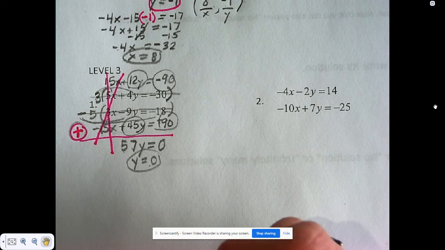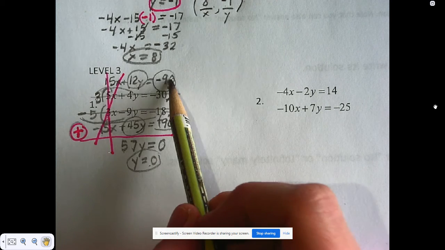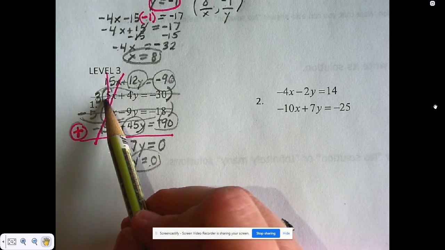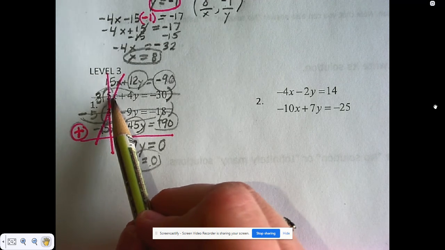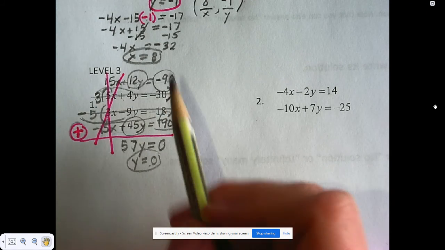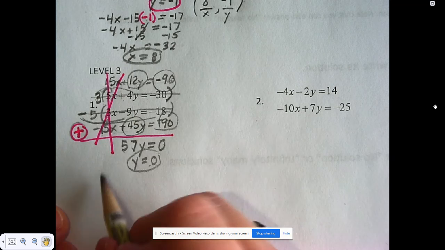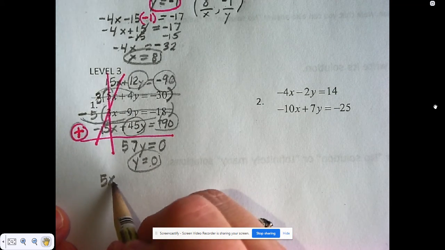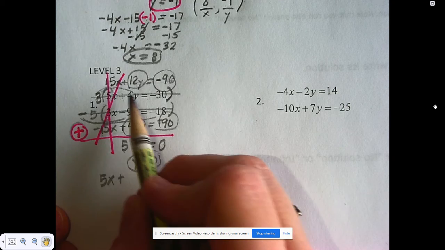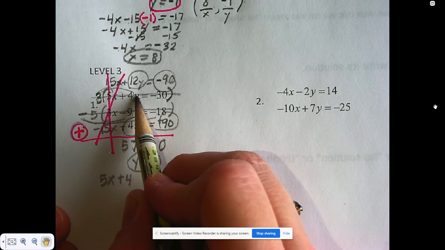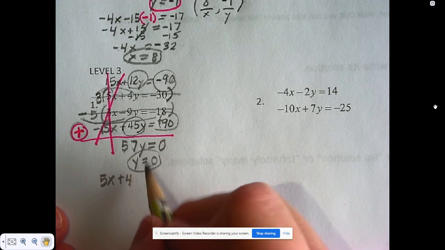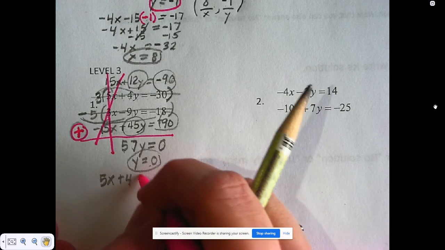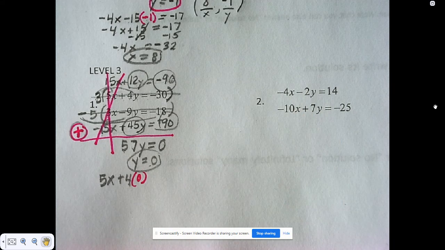So I go back into the equations. I can go back into the one I created, but they're pretty big numbers, so I might want to deal with a smaller equation. So I have 5x plus 4y equals -30. The 5, I write down. The x, I don't know what x is, so I write that down. The plus stays. The 4 stays. The y, do I know what y is? Oh, I do. Y is 0. So I put that in there.